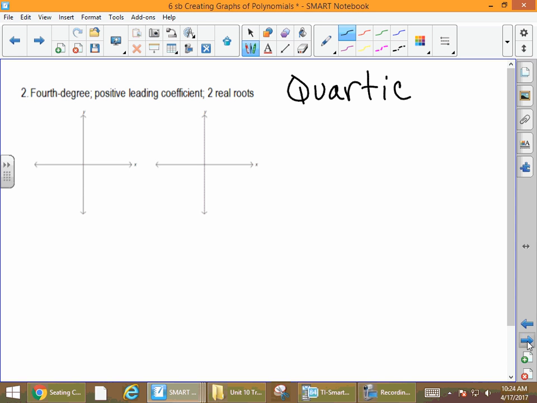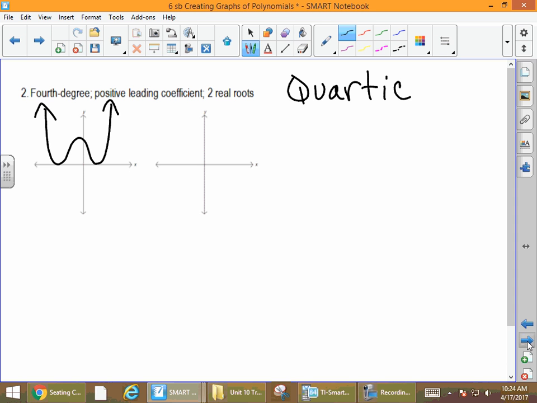So positive leading coefficient, because it's fourth degree, because it's an even function, we're either going to both go to infinity for our ending values, or to negative infinity for our ending values. Because it's positive, they're both going to go to infinity. So as x goes to negative infinity, y goes to infinity.